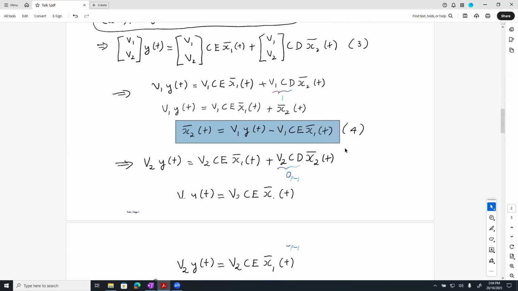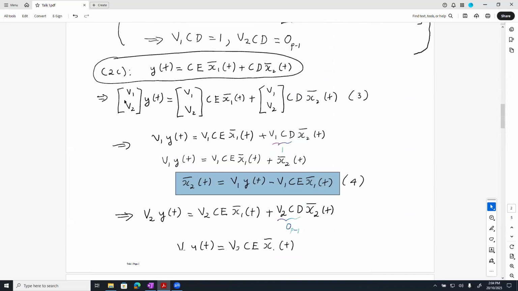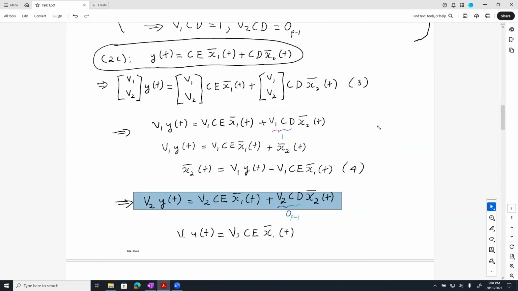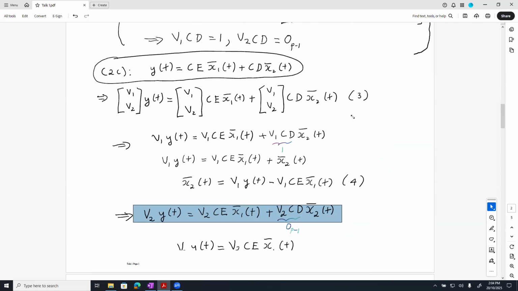And then let's leave it for the time being, and we can consider the next equation from equation 3. The next equation would be V2 times y equal to V2 CE x1 bar plus V2 CD, which is what we have in here. All right. So that equation I highlight in there is the result of the second equation that we can extract from equation 3.